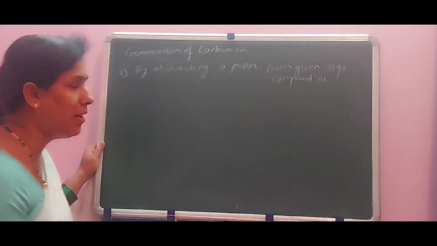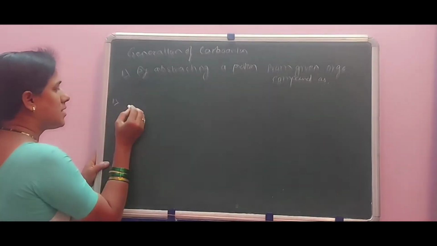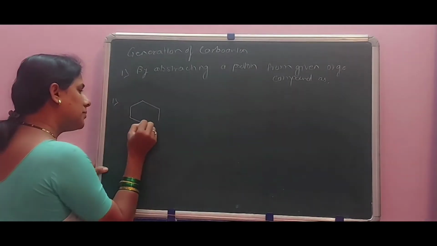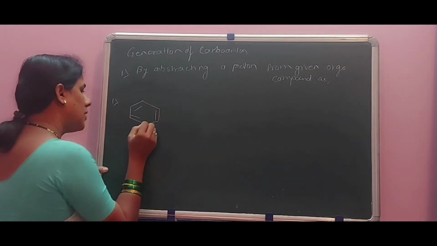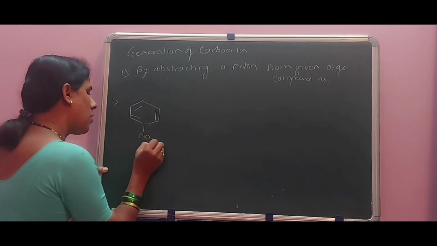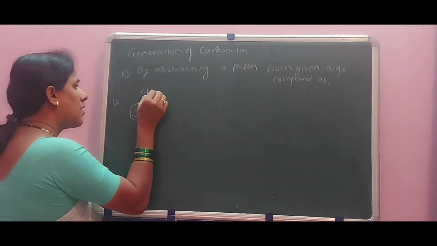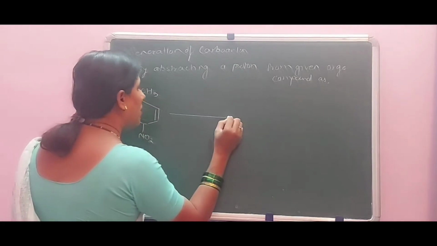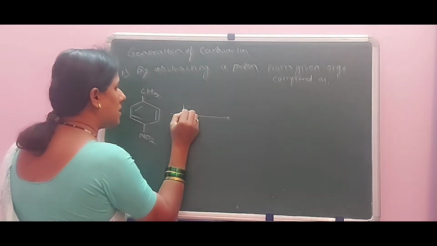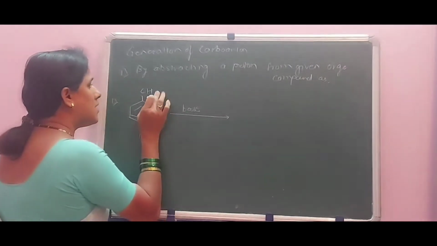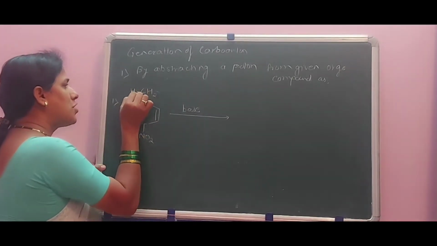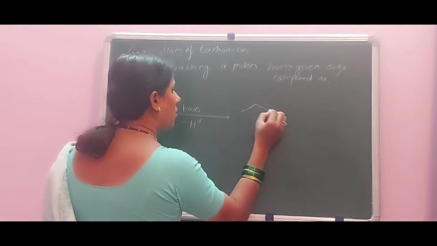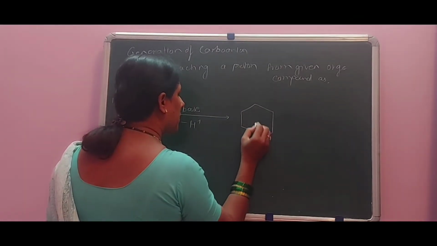For example, the first example is paranitrotoluene. When a proton is abstracted in the presence of a certain base, here CH3 can be written with H, this proton is abstracted, and there is formation of a carbanion.